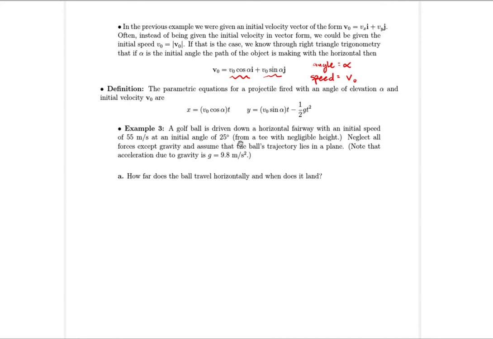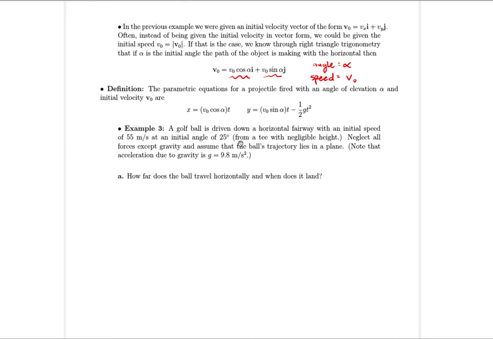It says a golf ball is driven down a horizontal fairway with an initial speed of 55 meters per second at an initial angle of 25 degrees from a tee with negligible height. So just imagine the ball's pretty much starting from the ground. We're going to neglect all forces except gravity and assume that the ball's trajectory lies in a plane.